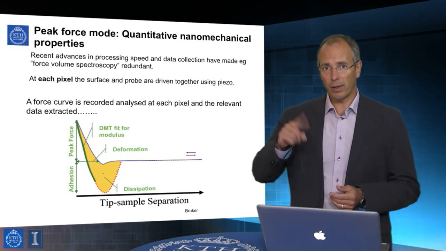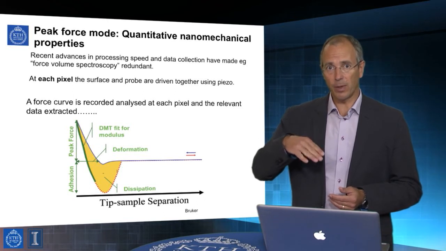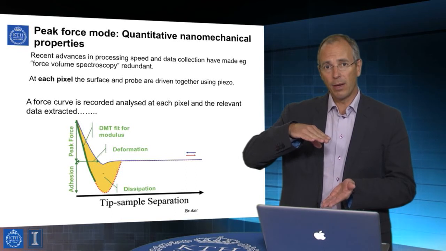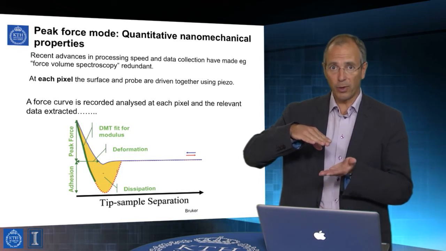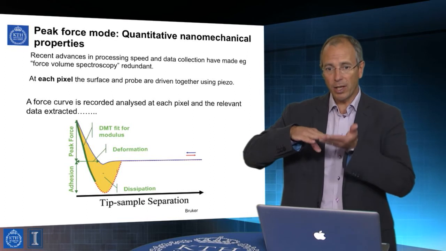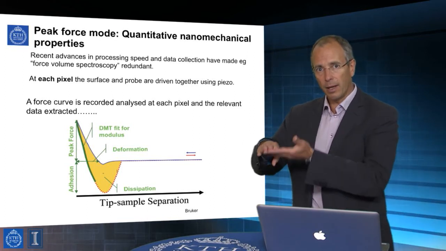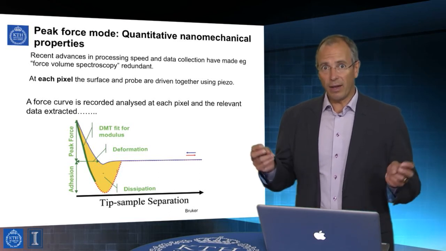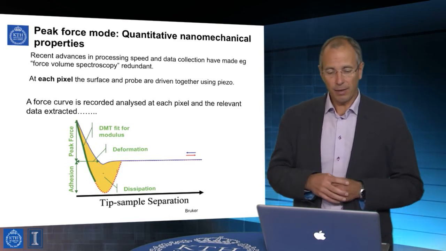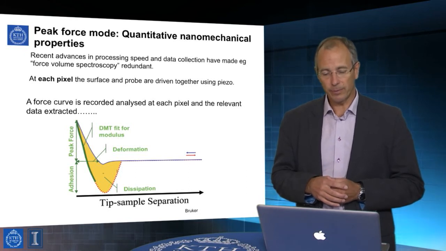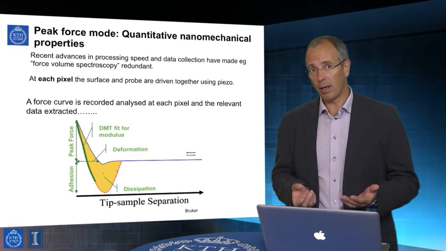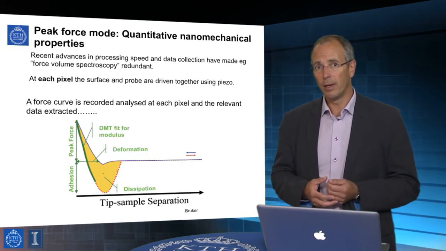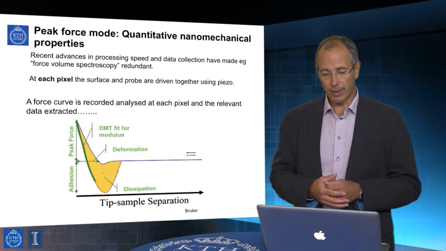And rather than using an oscillation of the tip to do that, we actually move the piezo or the surface towards the cantilever and measure the interaction at each pixel and make the image in that way. So you can think of it as a very, very high-speed static measurement of the force, rather than extracting it from the dynamic data as we did in the example of Susie Jarvis' phospholipid study in the previous slide.